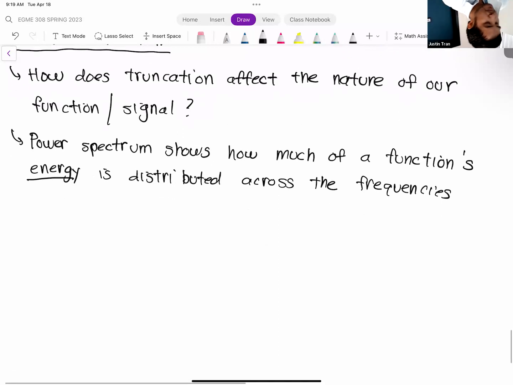If we truncate a signal, if we cut off certain frequencies, effectively one thing that we're doing is reducing the amount of energy in the signal.